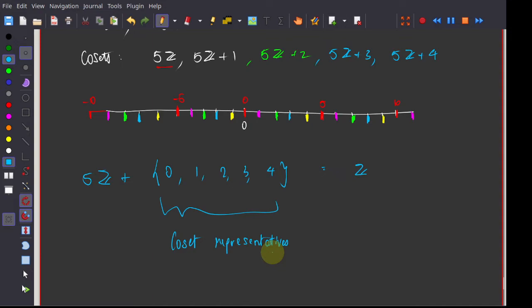Exactly. One of them is going to be a subgroup. The others are not going to be subgroups.